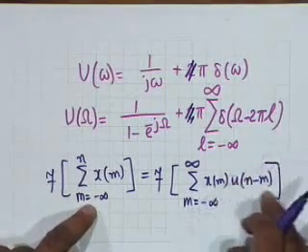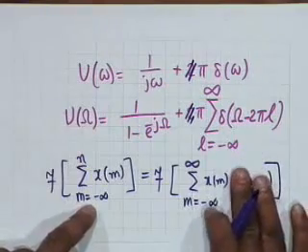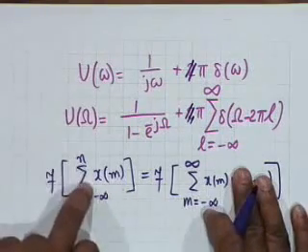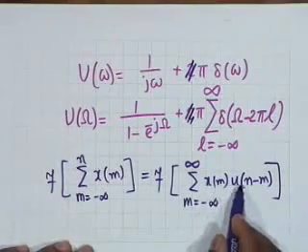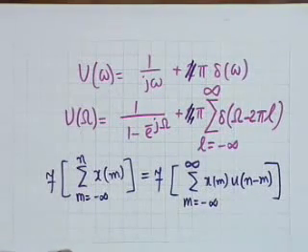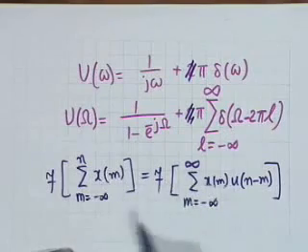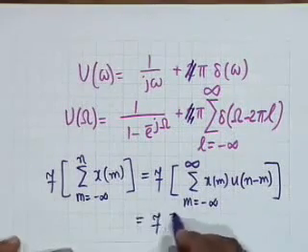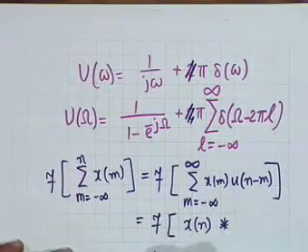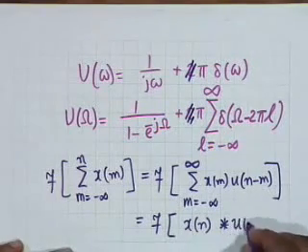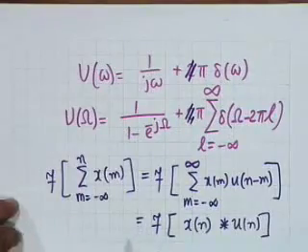Because u of n minus m is 0 if m is greater than n, and therefore virtually it is the same thing as this summation with upper limit replaced by n. Usually we go from here to here, usually in our usual calculations. It's for convenience we now go from here to here, and you notice that this is simply the Fourier transform of the convolution of x of n with u of n, and therefore we apply the convolution theorem.